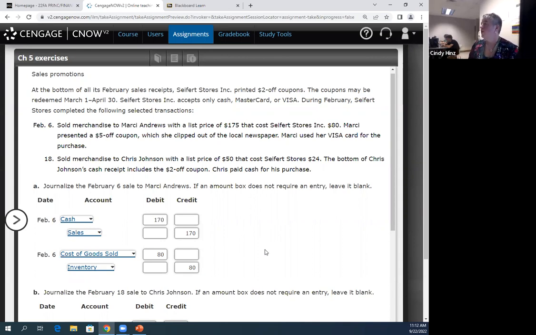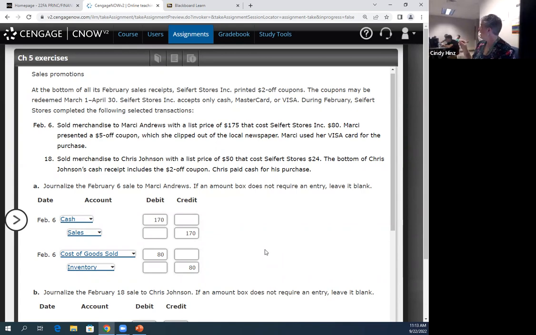Now, I want to point out that there are a couple of different ways that coupons might work. This is a store coupon that Seifert offered. If these were manufacturer coupons, let's say on a product made by Procter & Gamble, Procter & Gamble might put out the coupons themselves. In the Sunday newspaper, there are usually coupon inserts.